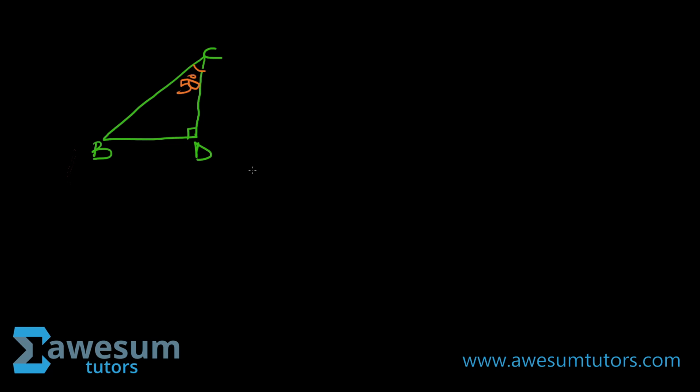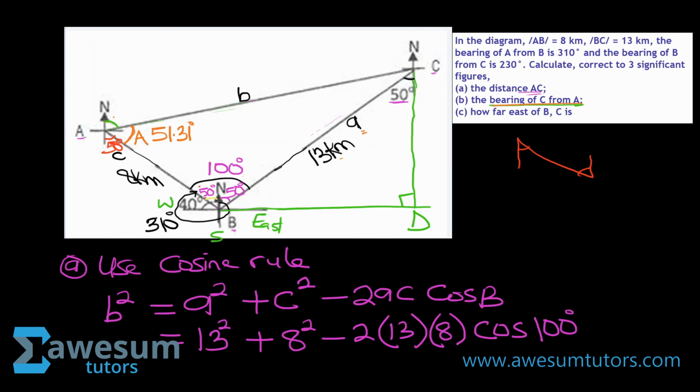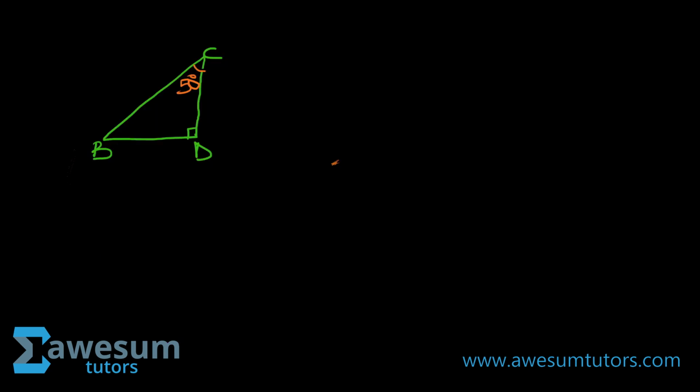Let's go back again to the diagram. What do I have here? I have 13 kilometers right here, so I can also put my 13 kilometers right here.